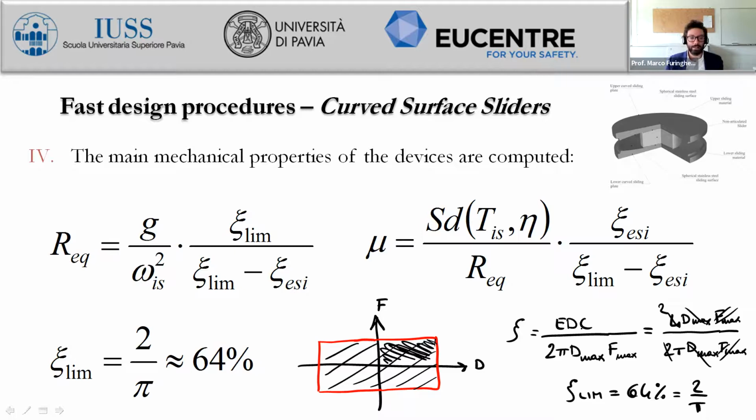If we consider these 4 steps, the final result is that we come up with the characteristics of the device in terms of mechanical properties. So we have the equivalent viscous damping, the equivalent radius of curvature, and then the friction coefficient, which are just mechanical properties. The equivalent radius of curvature can be directly associated to geometric characteristics of the device. But actually, we need more information about that.